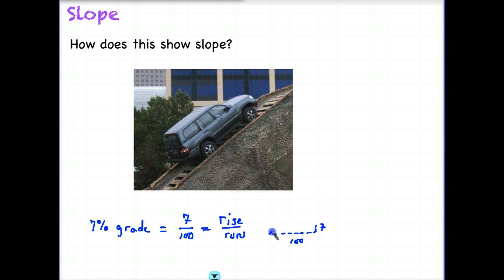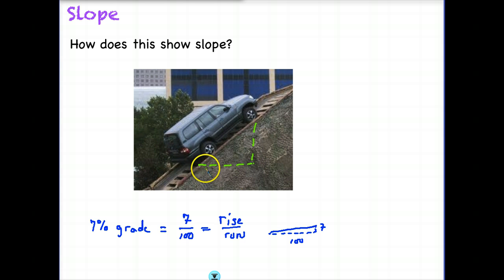It may not seem that steep to you, but to a car that can be very steep. So let's look at this example up here. If I were to draw a line here compared to my line here, this could be a very steep incline.